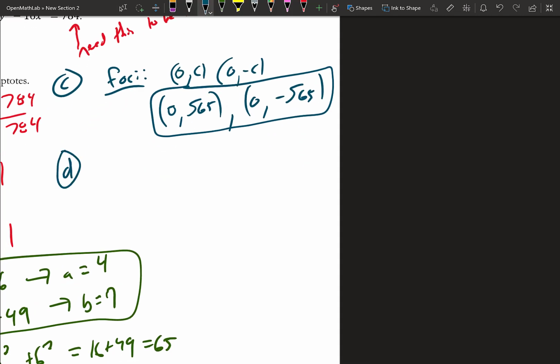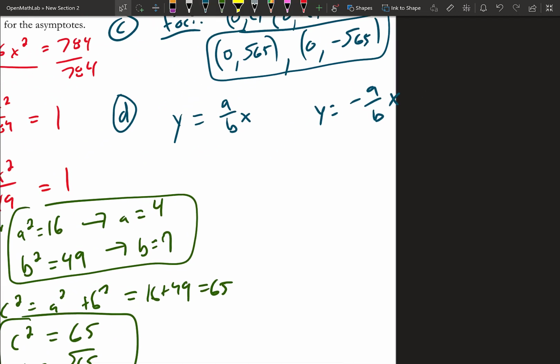Part D is to write the equations for the asymptotes. In this one, it would be y equals a divided by b times x, and y equals negative a divided by b times x. a is 4, b is 7, so this would be y equals 4/7 x, and y equals negative 4/7 x.